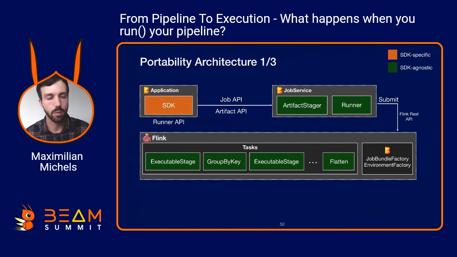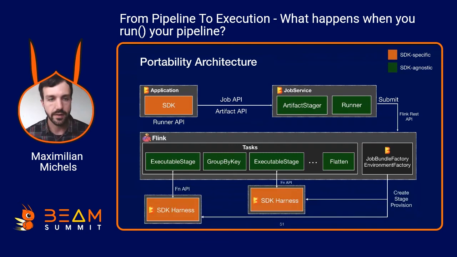Then the whole thing gets deployed to Flink, and in the next step, this environment factory actually creates the SDK harnesses which run the Python, Java, or whatever code, and they communicate through the Flink job, the Flink executable stage, which is really the Beam executable stage, through the Fun API.